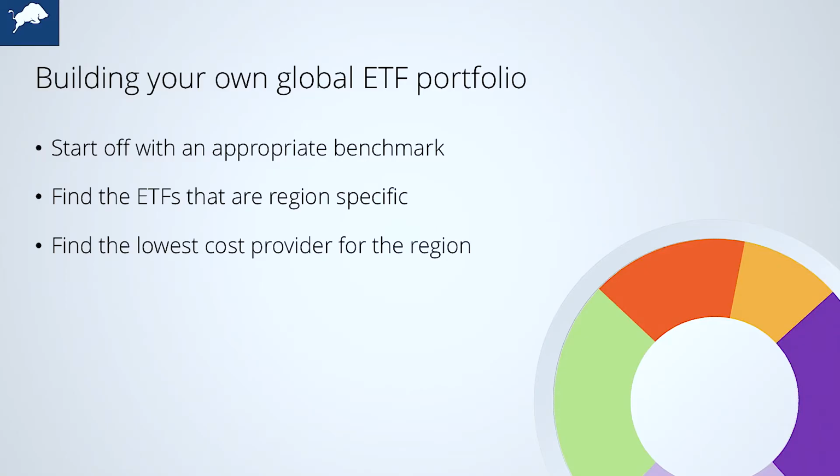Basically, you need to start off with your benchmark. What are you going to use as a benchmark to say this is the amount of US equities I should have, this is the amount of Europe I should have, this is the right amount of Asian equities I should have. An easy one to use is the MSCI All World X Australia.